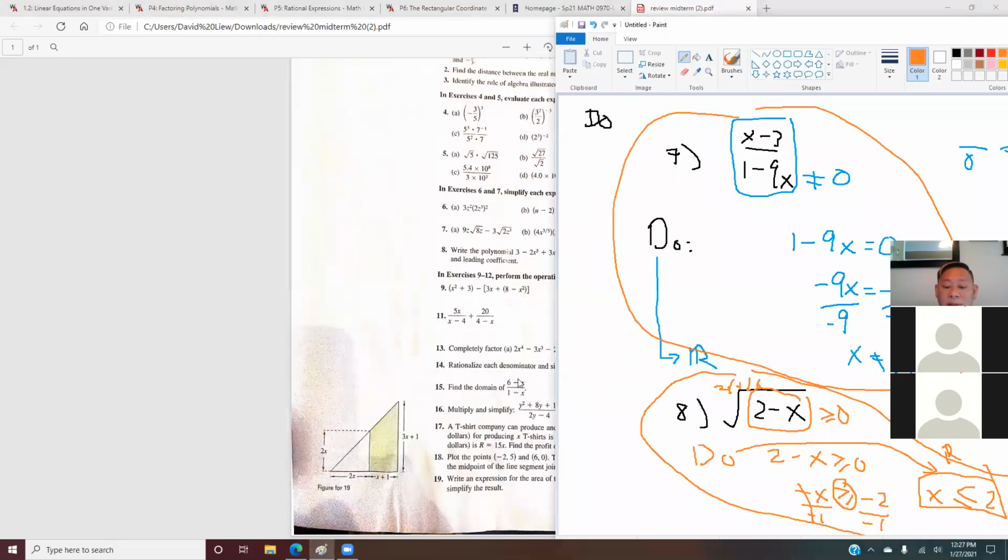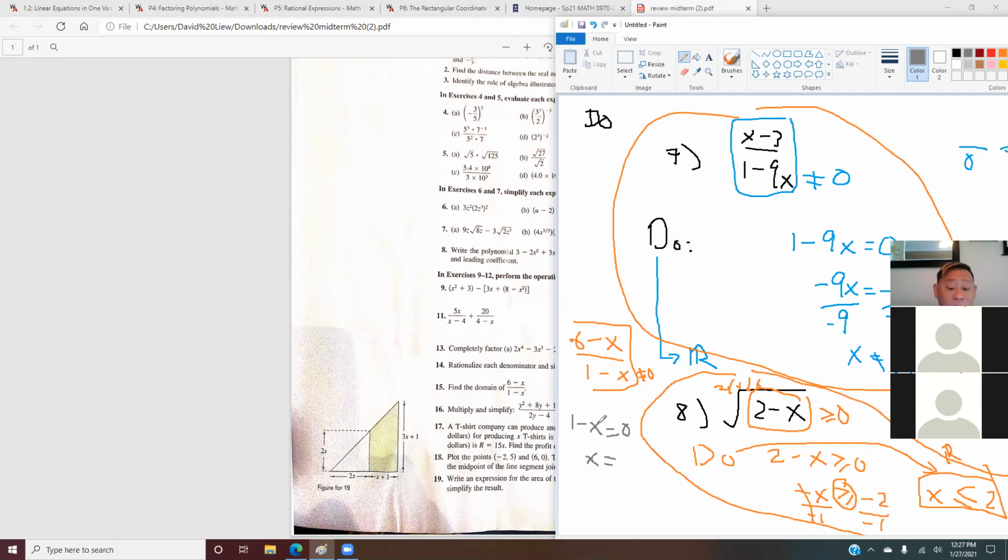How do you find the domain of (6 minus x) over (1 minus x)? Does this belong to a fraction, or does it belong to a root? The fractions. So if it's a fraction, then this 1 minus x cannot equal 0. So how you figure out this domain is you take 1 minus x equals 0 and solve for x. 1 minus what will make it 0?